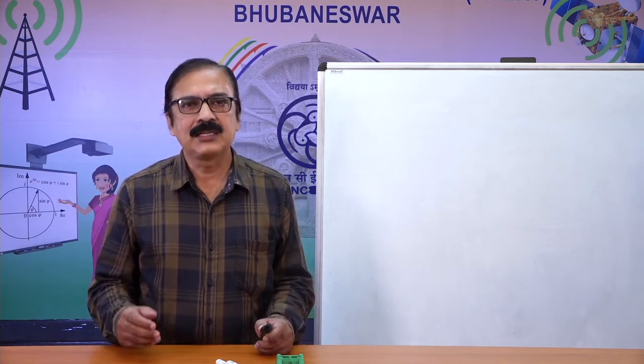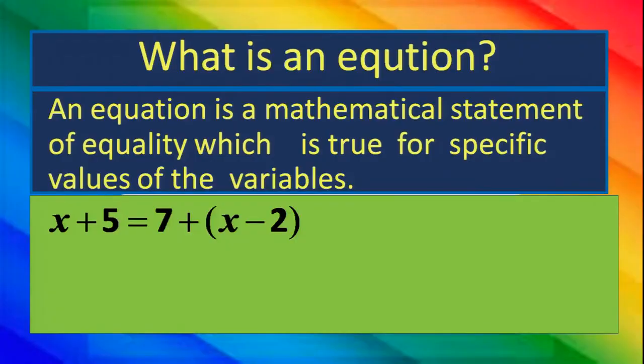Now let's see some other situations. x plus 5 is equal to 7 plus x minus 2. If we put the value of x as 1, then the left hand side gives 6 and the right hand side also gives 6.